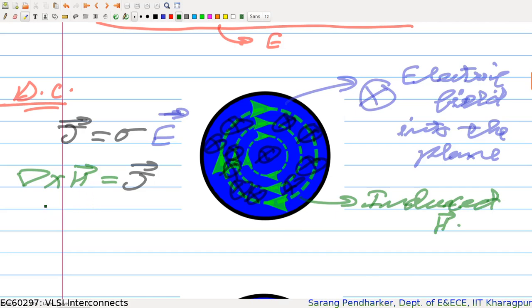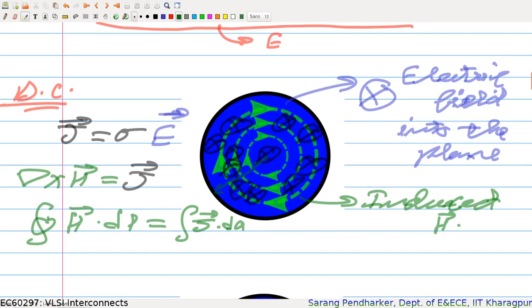Now the point to note here is that I can also write this in the form of an integral equation. So in that case, this would be the integral of H dot dl is equal to the total enclosed current, so this would be the integral of J dot dS. Now as I traverse from this point towards the surface, the circumference of this integral scales linearly with the radius.